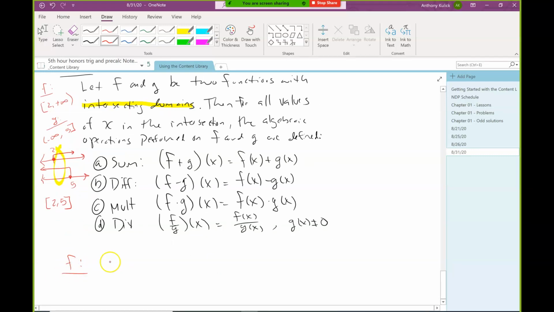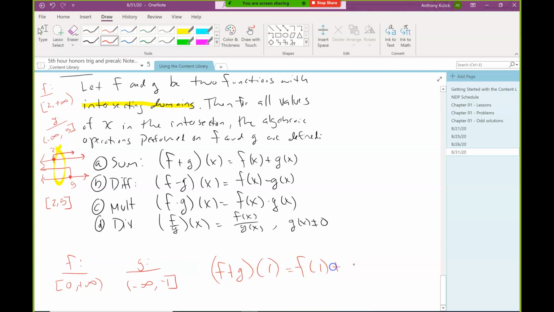Let's say f has the domain from 0 to positive infinity, and g has the domain negative infinity to negative 1. And let's say that I wanted to do f plus g of 1.